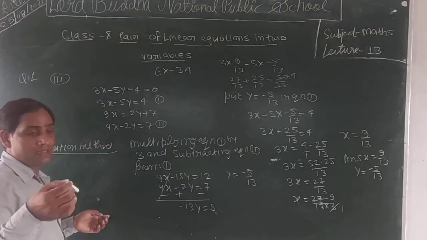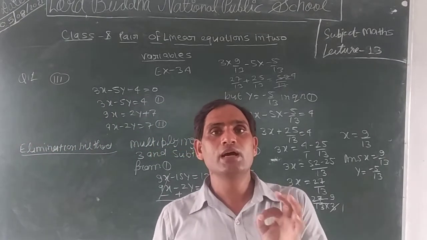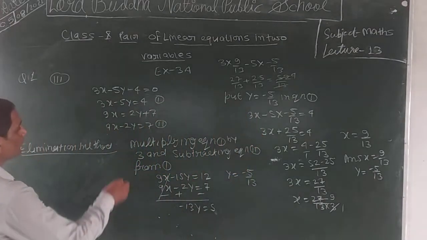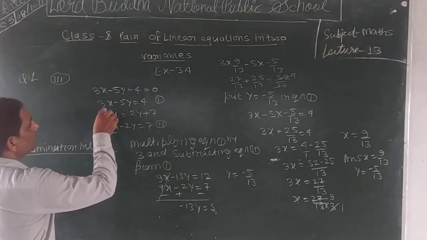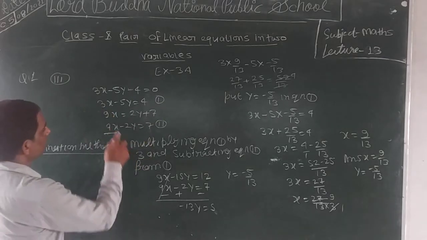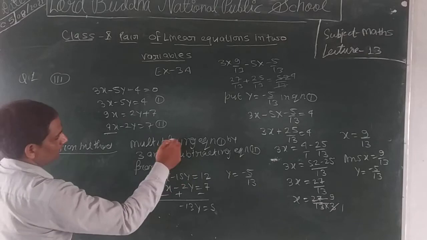To eliminate the variable x from these two equations, first of all we have to make the coefficients equal. We see that the coefficient of x in the second equation is 9 and in the first is 3. Hence we multiply the first equation by 3, then it becomes 9x minus 15y equal to 12.